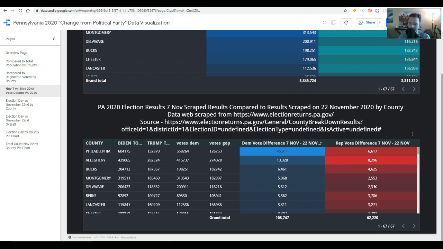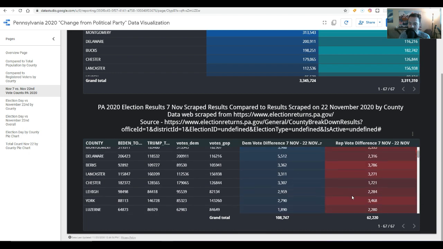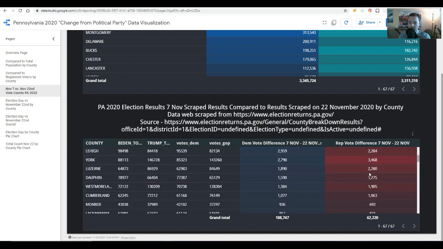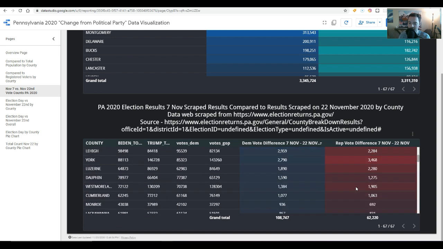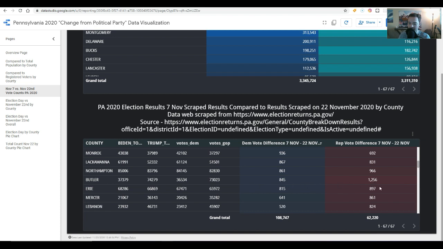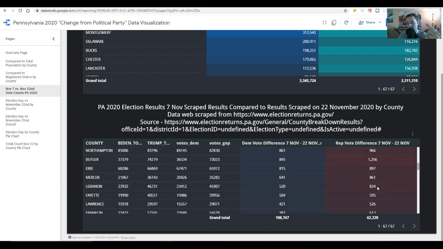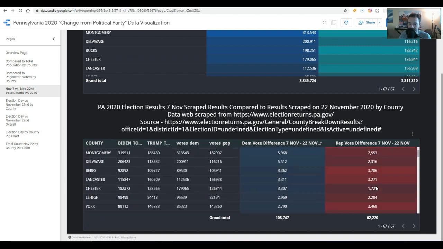But if you look down some of the smaller counties, there's like 3,000 and 4,000 vote differences. And as you get down outside of Philadelphia and outside of the top populated counties, there's really not that much of a difference when it comes to who actually got those post-election day counts. So that's interesting.